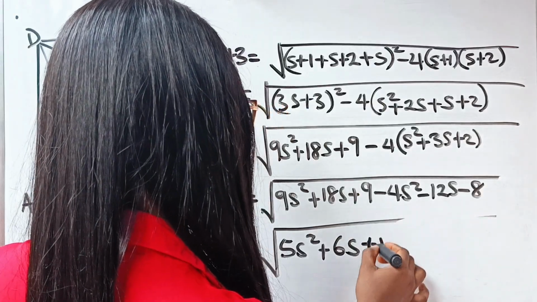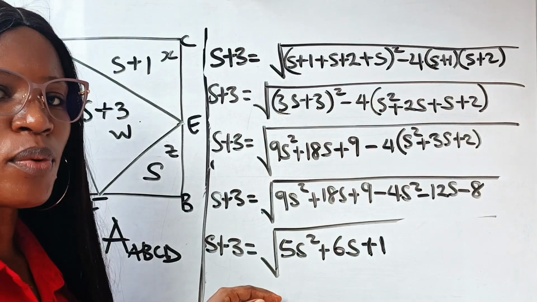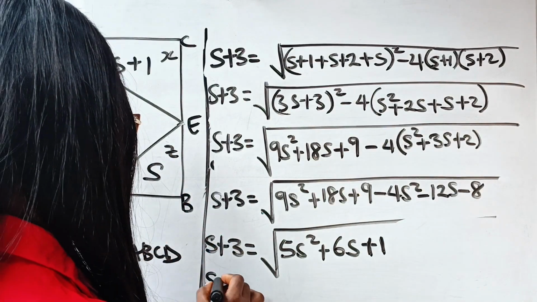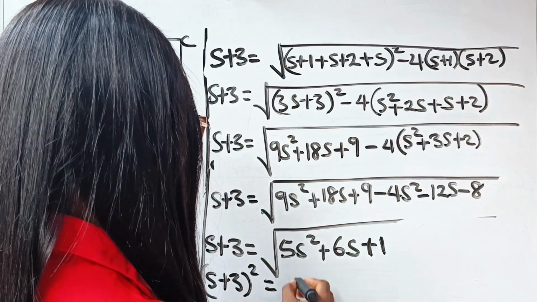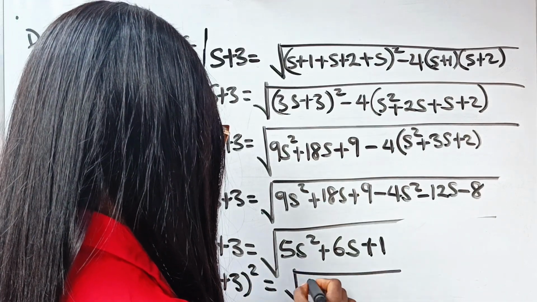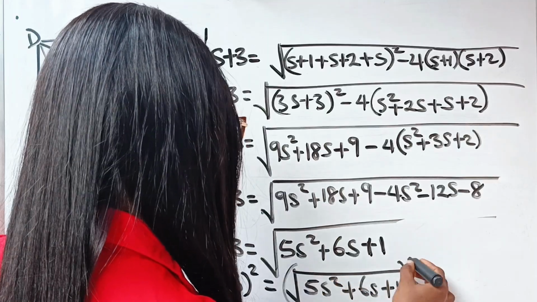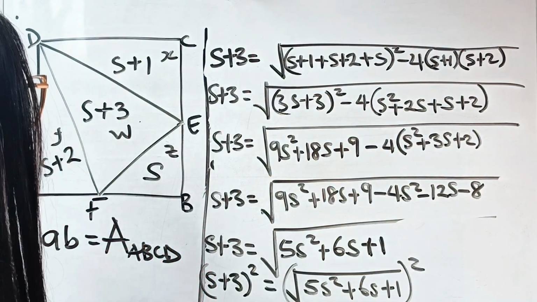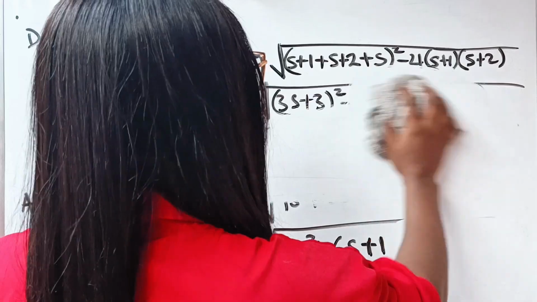Okay, all right, now let us take square of both sides. So if we take square of both sides, we have s plus 3 squared is equal to the square root of 5s squared plus 6s plus 1 all squared. Don't worry, we are almost there.